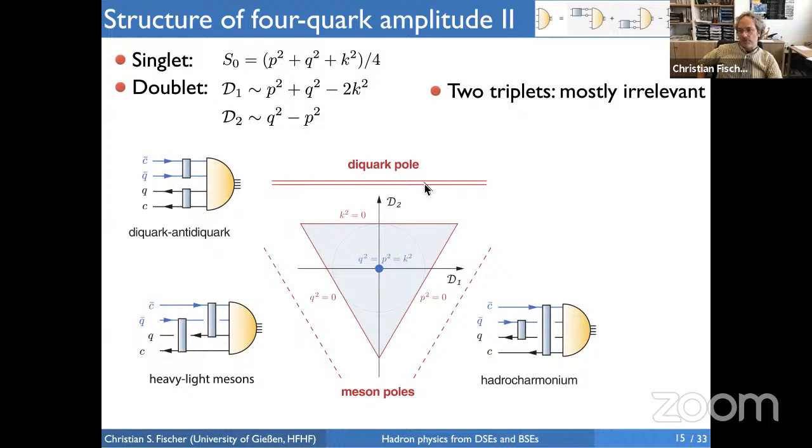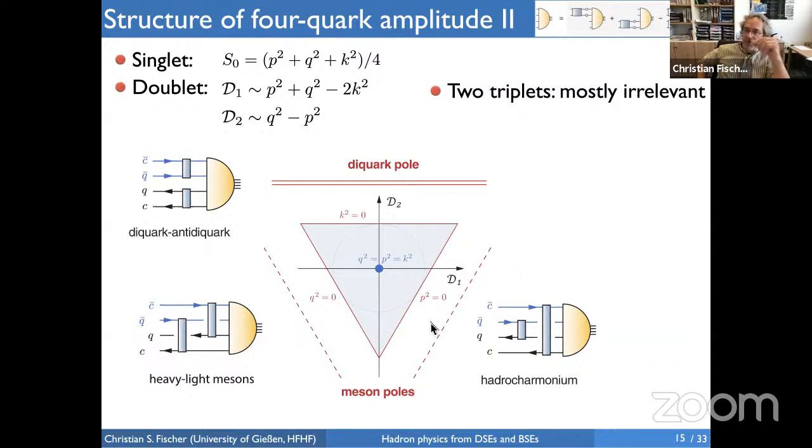Now, since these are poles, the closer these are to the integration region, the more they will dominate the equation. It is thus a very interesting dynamical question to ask which of these pole types are closest to the integration region and therefore dominate the equation.